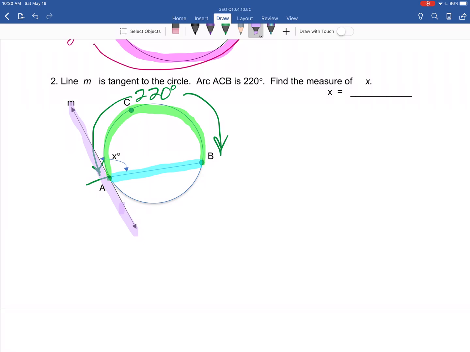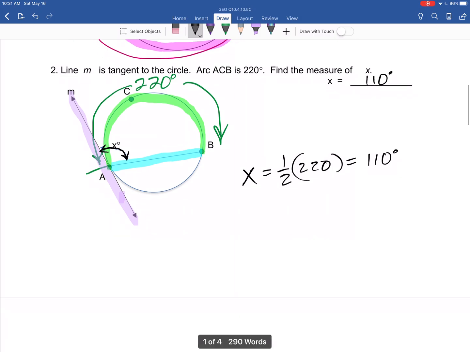The angle right here is 1/2 of the arc that it opens up to. It opens up to the 220 degree arc. So angle X equals 1/2 of the arc that it opens up to. Boom, 110, done.